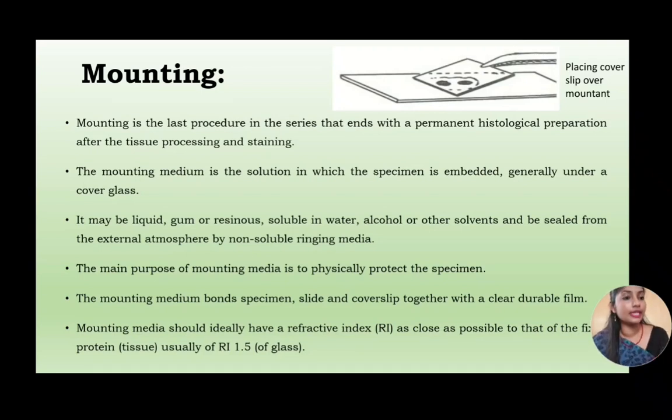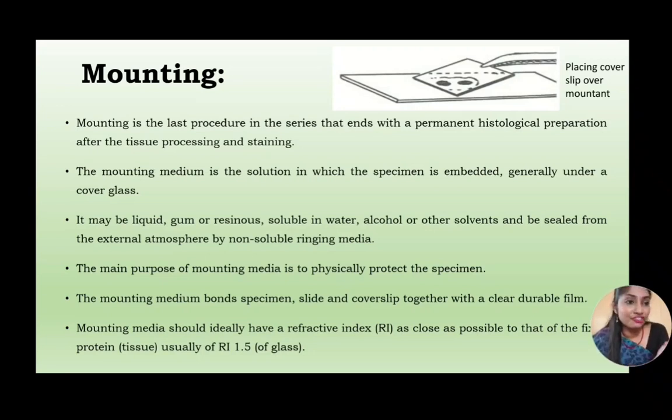It may be a liquid, it may be gum, it can be resinous, it can be soluble in water, alcohol or other such solvents, and it is sealed from the outside atmosphere by non-soluble ringing media. To give a simple example of ringing media, suppose we are doing a temporary slide, we use nail polish to seal the corners of the cover slip. This can also be considered a ringing media.